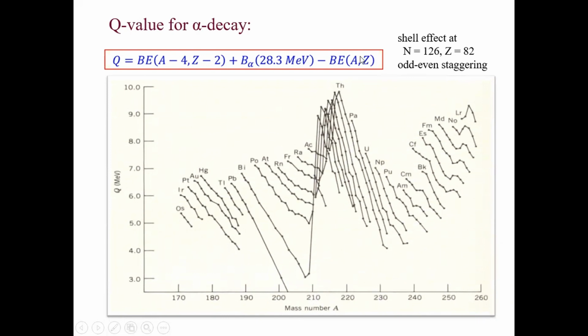So this effect is there for the odd-even staggering, and it is observed here. However, if we look at the mass number increasing, there is a trend of slight increase in the Q. However, the variation is between 5 to 8 million electron volts.